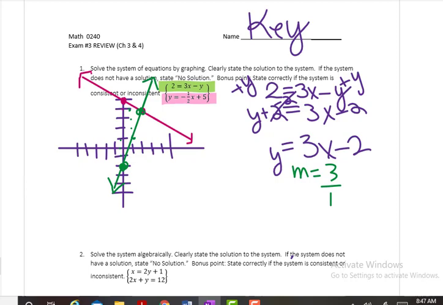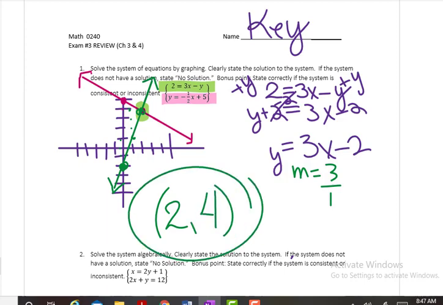If I look at my solution, I count over 1, 2, so I know my x is 2. I want to get to this point here, and I'll highlight that point. Then I go up 1, 2, 3, 4. So 2, 4 is my ordered pair, and that is the solution. You can check it in the equations above.